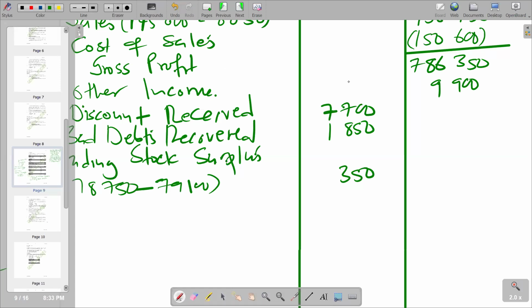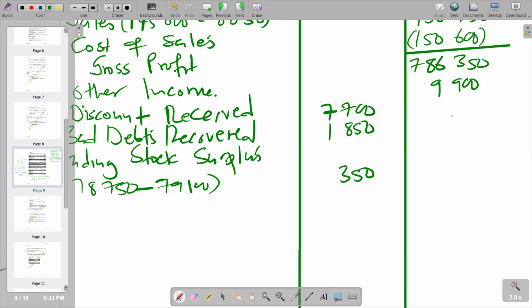So before you go to your operating expense section, remember you have to say gross profit plus your other income, and then you are going to get your gross income for the year.